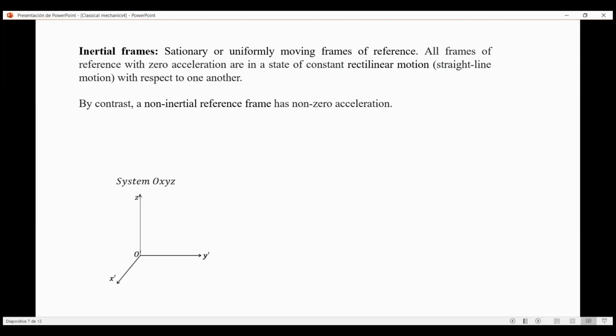Consider a system O, X, Y, Z fixed, and another system O prime, X prime, Y prime, Z prime that moves with constant velocity v from the first one. Important is that this prime system does not rotate, because a rotation would introduce an acceleration and therefore the system would not be inertial.